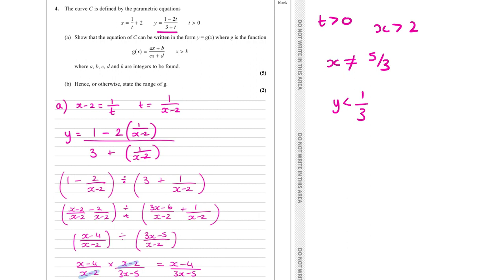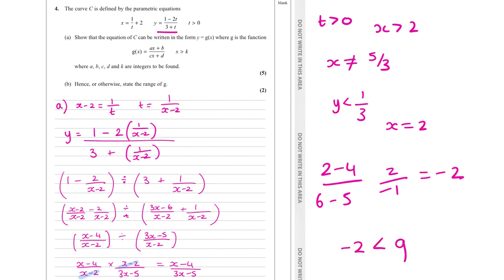And then if we substitute in x equals 2, we're going to get 2 minus 4 over 6 minus 5, which is 2 over minus 1 equals minus 2. So minus 2 is less than g is less than a third.